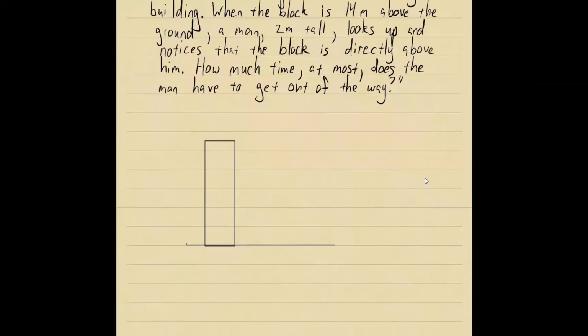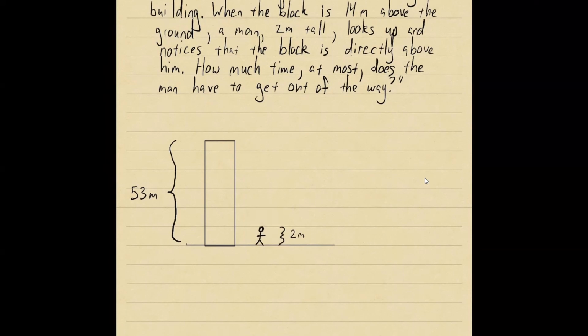So the building itself, this whole thing, is 53 meters tall. And we have a dude who's 2 meters tall down here. Let me actually place him on the ground. There we go. So this person is 2 meters tall.